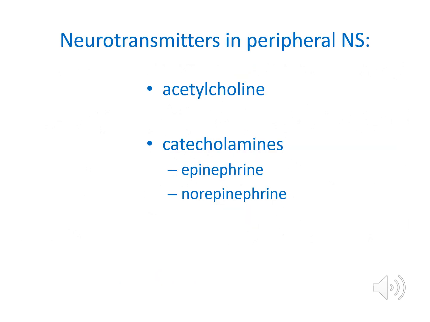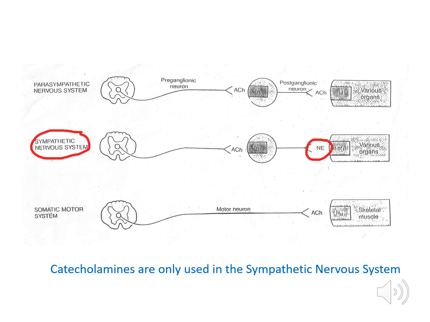Now, there are 3 neurotransmitters that are active in the peripheral nervous system. We have acetylcholine, and then we have 2 catecholamines, epinephrine and norepinephrine. Let's look back at our picture and see which neurotransmitters are released at which synapses. Notice that acetylcholine is being released at the synapse between the pre- and the postganglionic nerves in both the sympathetic and the parasympathetic divisions.